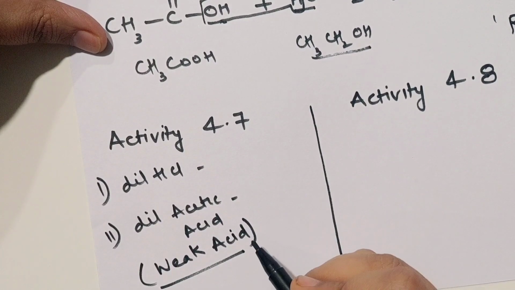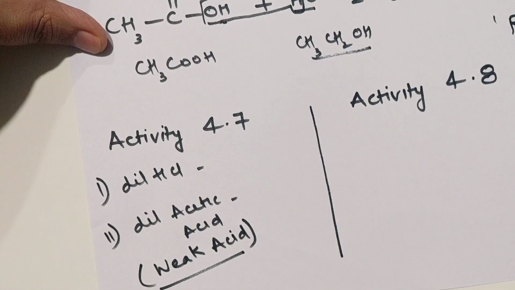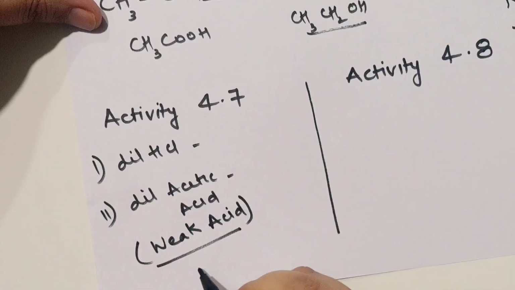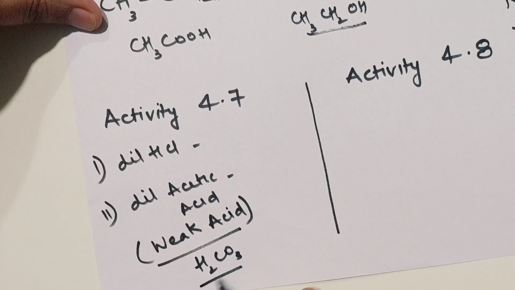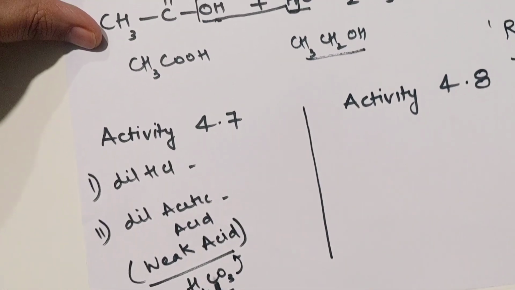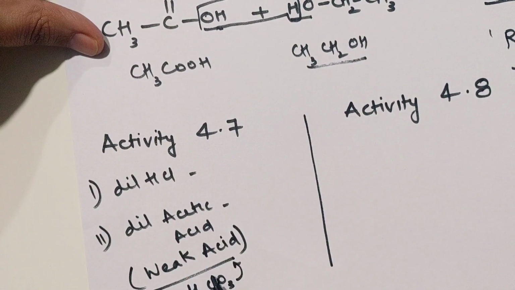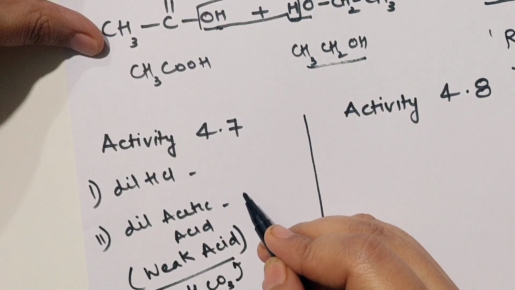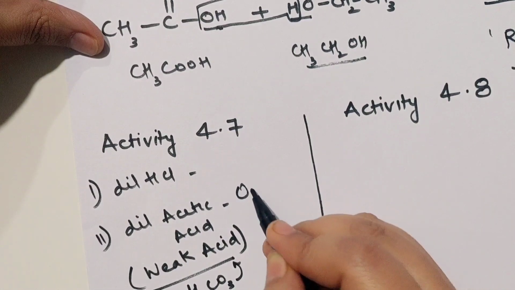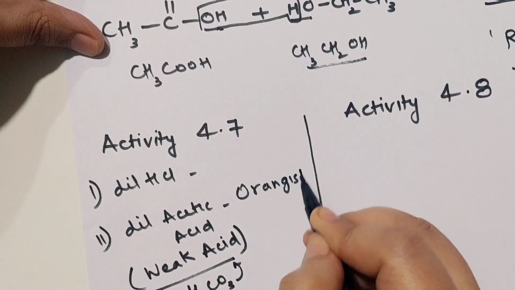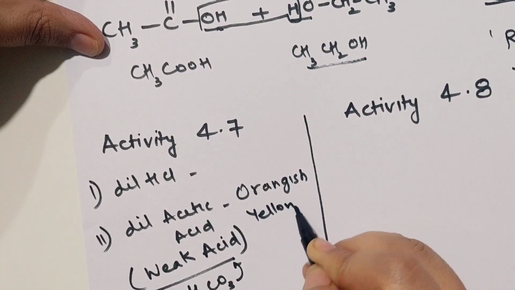Any carbon-based acid, even carbonic acid, H2CO3, is a weak acid. So the color of the pH paper would turn orangish yellow or yellowish orange.